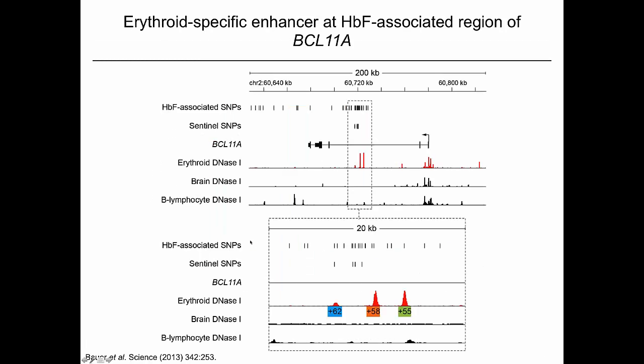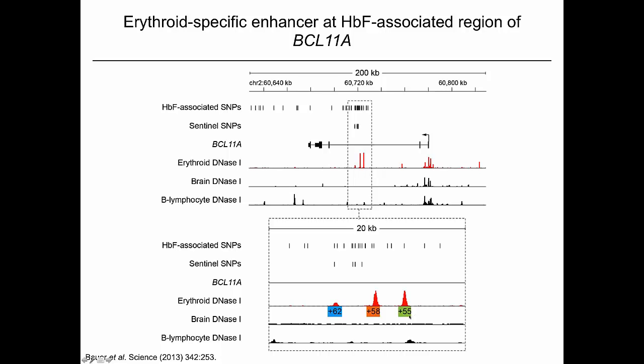And so if we look at where these variants are with respect to the BCL11A gene, like many GWAS signals, these variants were not affecting the coding sequences of BCL11A, and they clustered in this distal second intron. But what was striking was that erythroid precursors had peaks of DNase-1 hypersensitivity overlying these trait-associated variants.